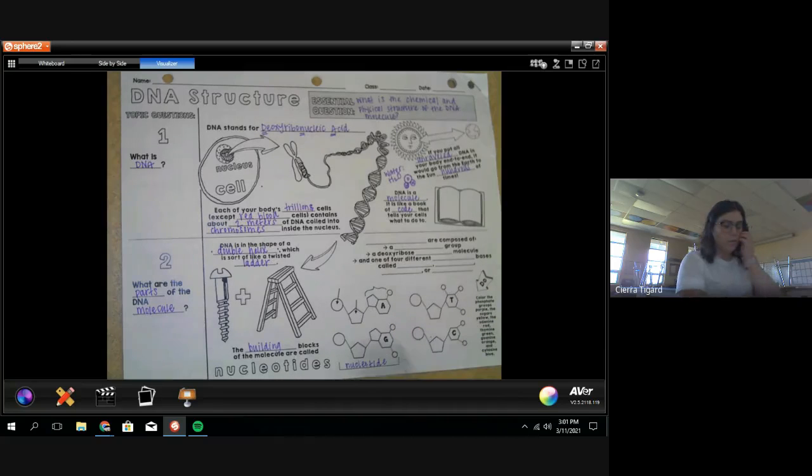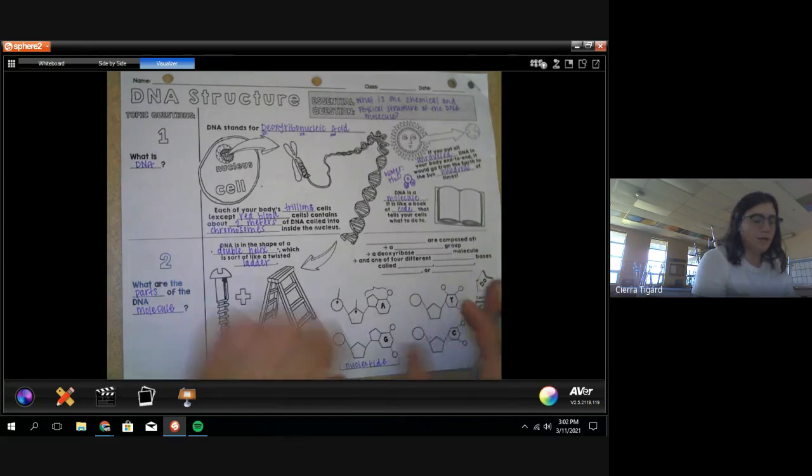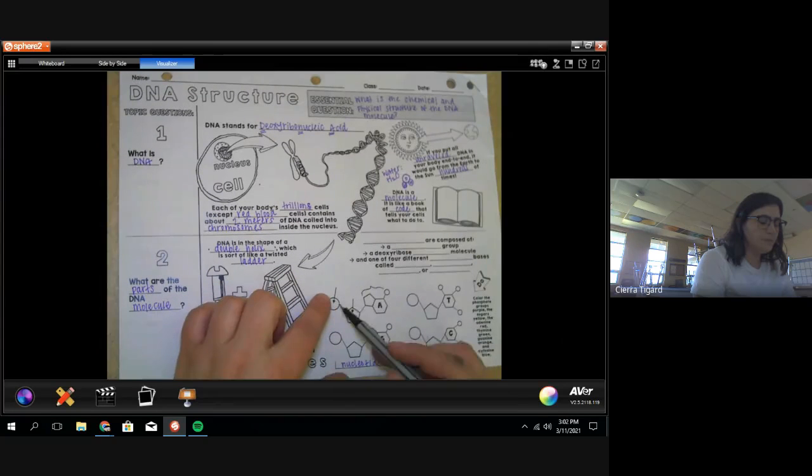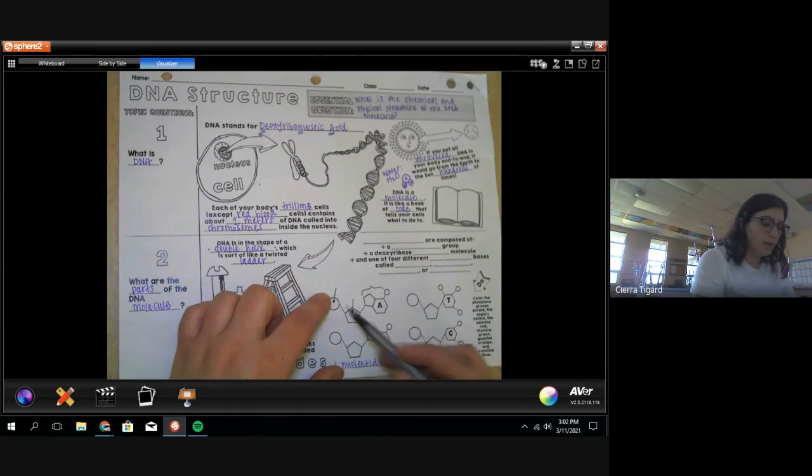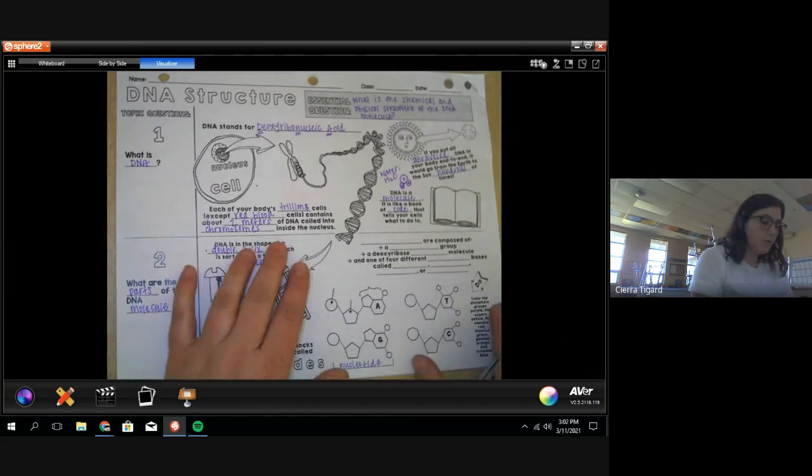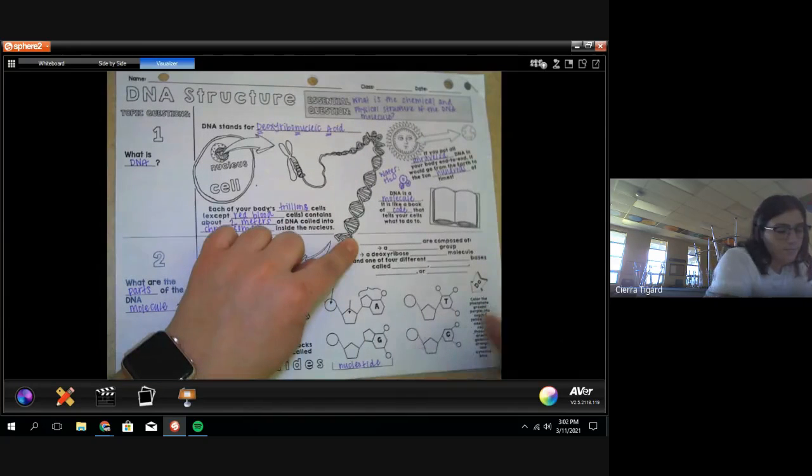That is 1 nucleotide. And we have 3 different, very specific parts of the molecule. So we need to write nucleotide here.